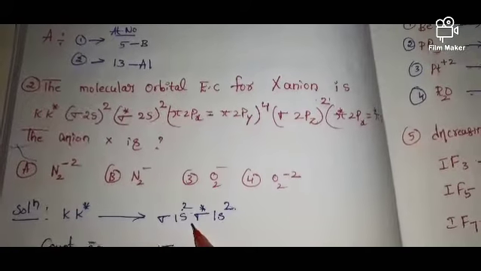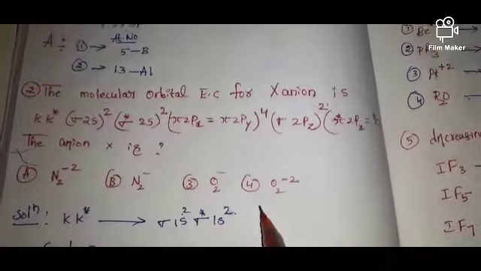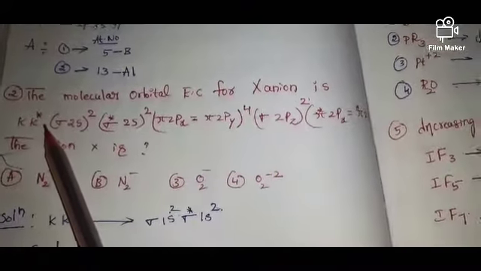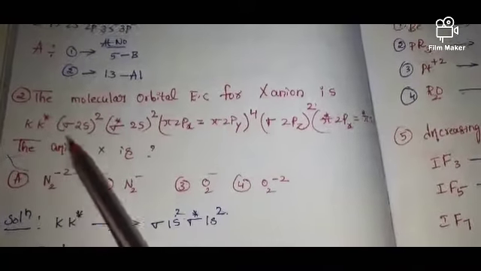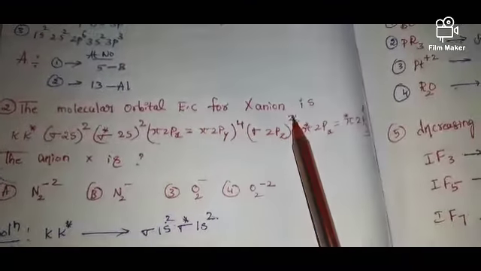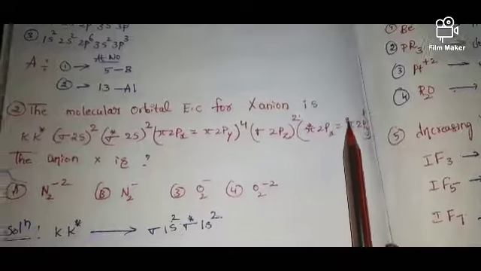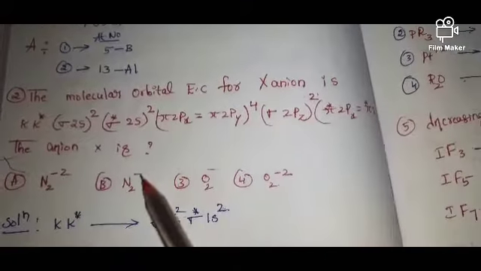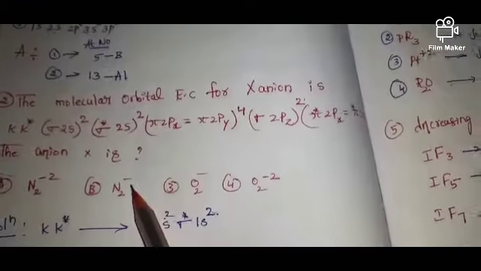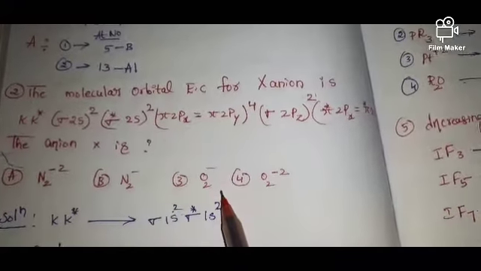So now let us start counting. 2 plus 2 is 4, which means K star is completed. Next, 5, 6, 7, 8, 9, 10, 11, 12, 13, 14 and 1, that is 15. So we have to find in which option we have 15 electrons.